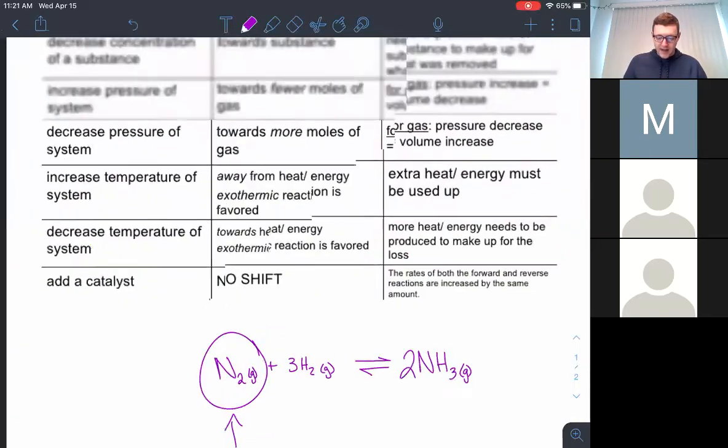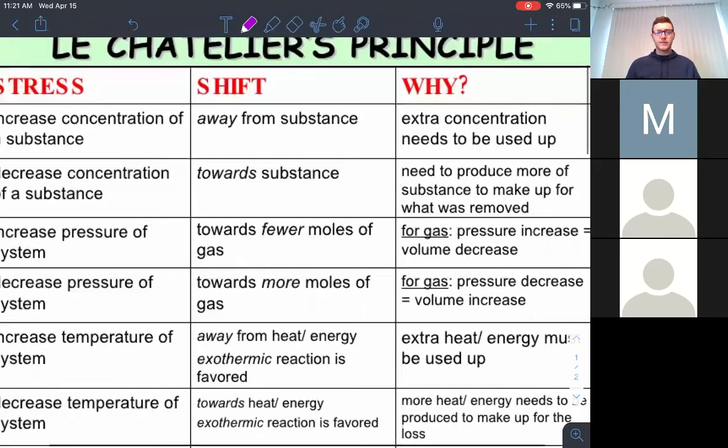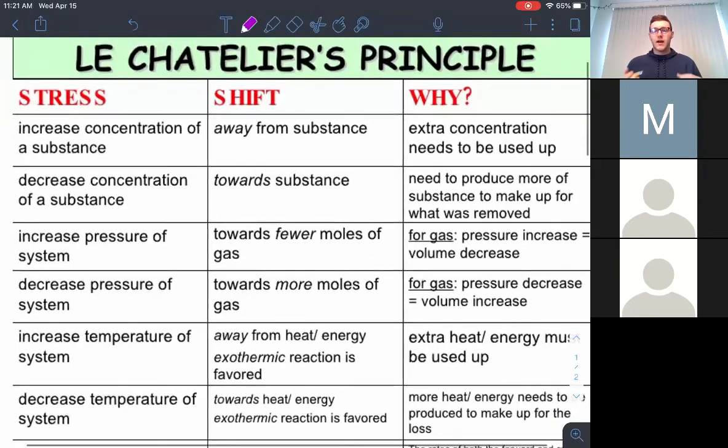And it talks about that up here. So if I increase the concentration of a substance, remembering that our equilibrium constant wants to stay the same. So our KEQ wants to be the same value. So if I change the concentration of my reactant, it's going to push everything the opposite way.